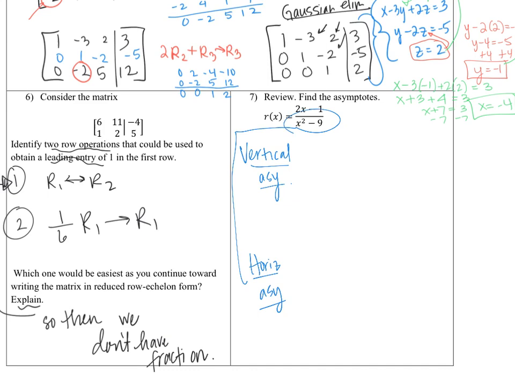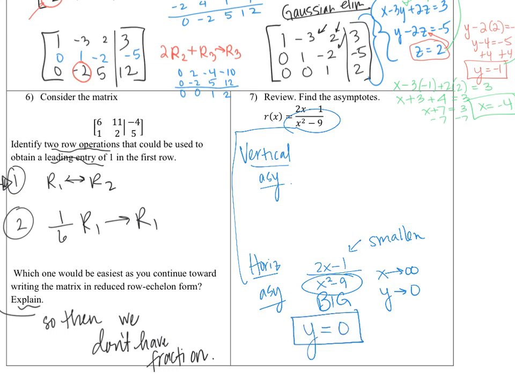So when the denominator is bigger like that, it's a higher degree. The fraction actually, if the bottom's getting really big while the top is staying smaller, as x gets really big, our y values are going to get really small. They're going to go to 0. So we have that y equals 0 will be our horizontal asymptote.